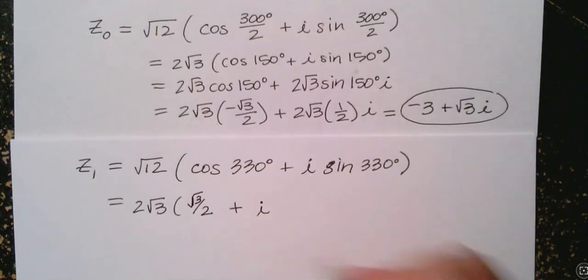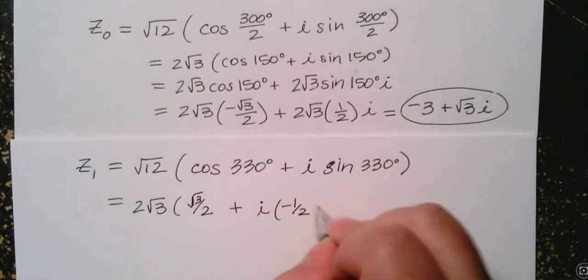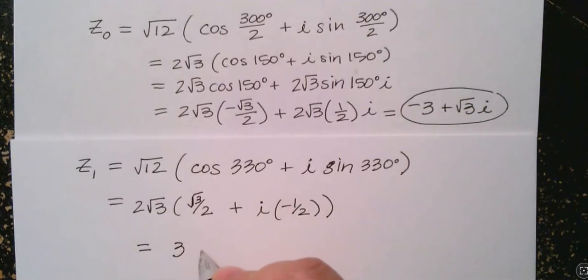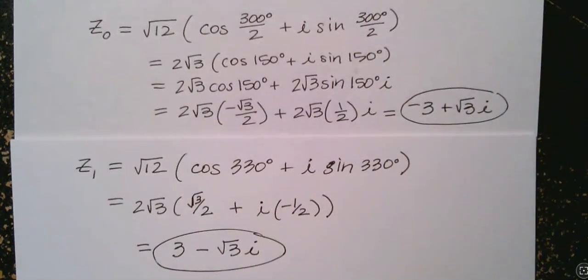And sine of 330 is negative 1/2. So when I distribute this, I get 3 minus root 3 times i. And there is my other answer. So those are my two answers for the square roots of the complex number 6 minus 6 root 3 times i, back up here.